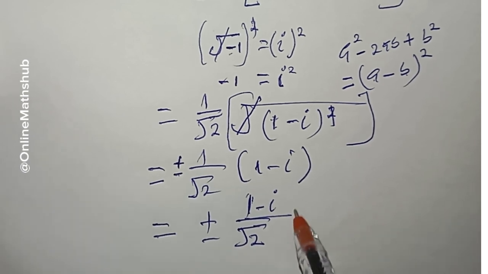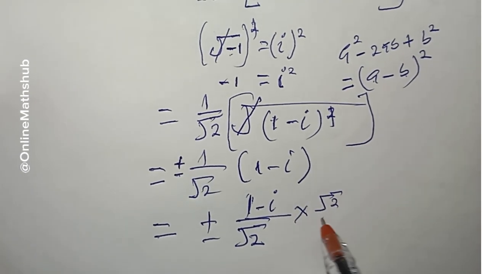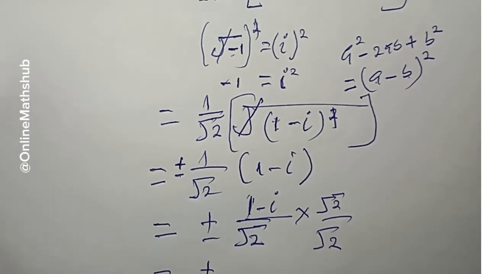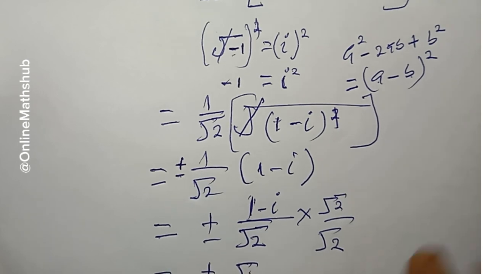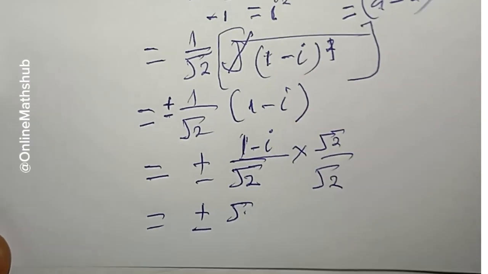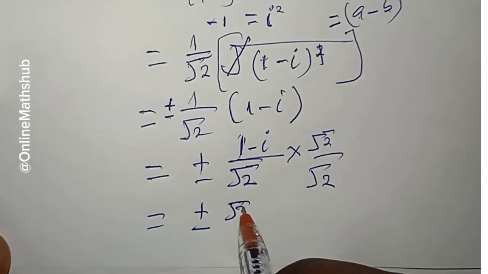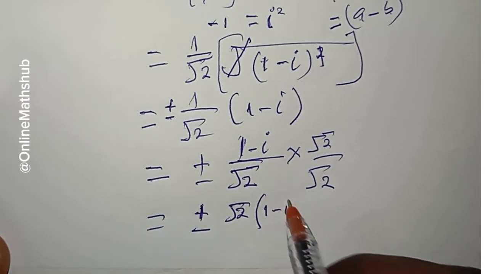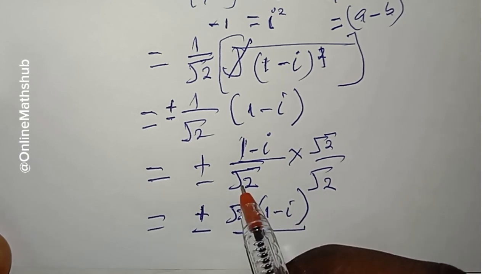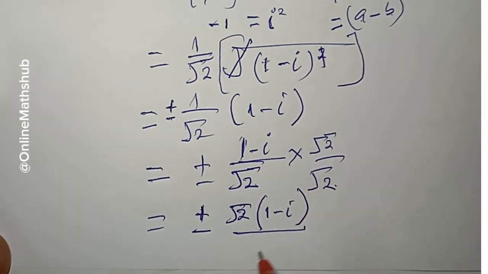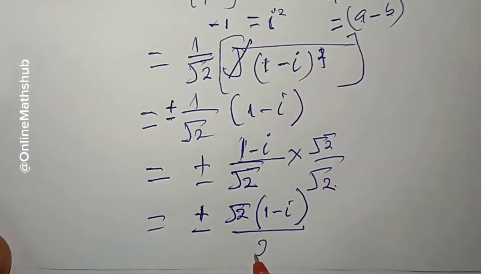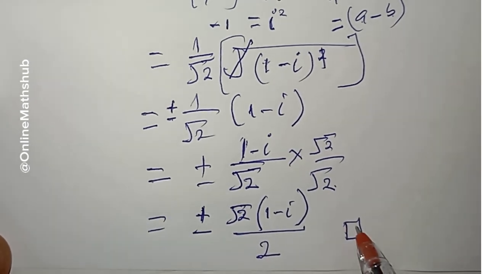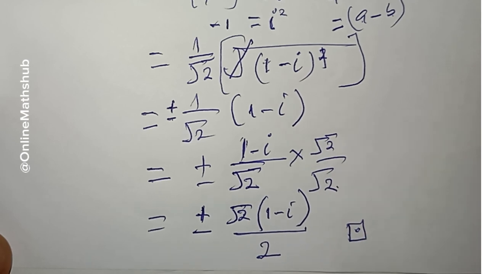If we do that, we multiply both the numerator and the denominator by root 2, so that this is plus or minus root 2 into 1 minus i, and all divided by root 2 times root 2, which gives us root 4, and root 4 is the same as 2. And this is actually going to be the value of the expression we are solving, which is root negative i.